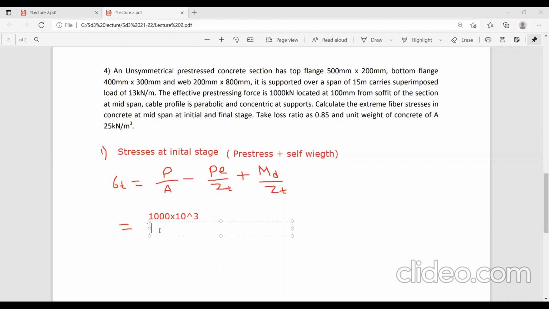How much cross-sectional area of beam, student? 380 into 10 raised to 3.